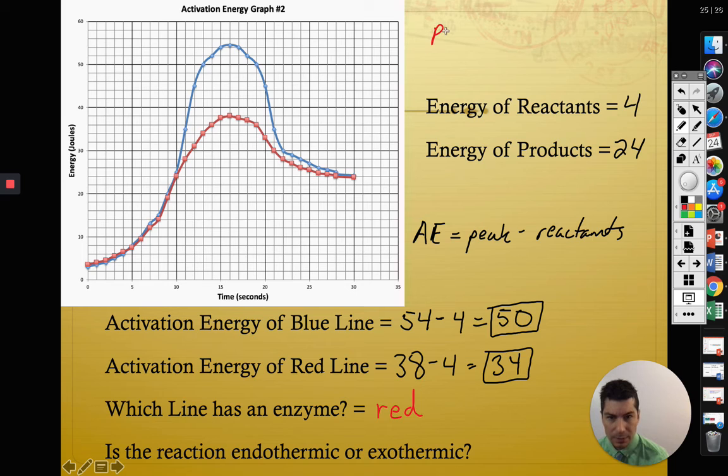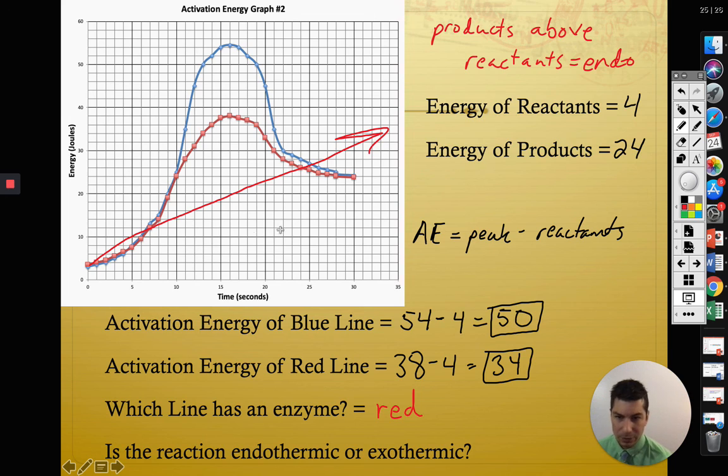This one, products are above reactants, and when that happens, it is endo. Another way to do it, guys, if you draw a line starting from your reactants going into your products over here, sorry, not the straightest line in the world, but it's going to go up. If it's up, it's endo. So this one would be endothermic.